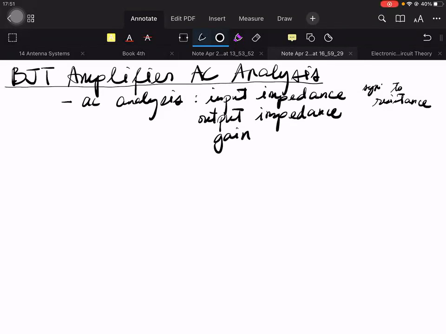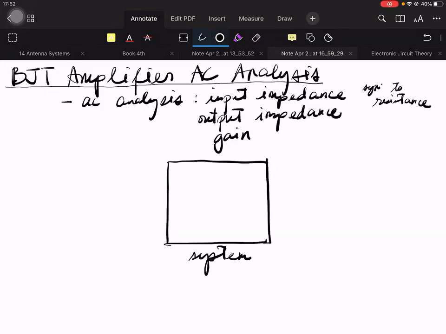So I don't know if you remember in our very first meeting, I think I mentioned a systematic approach to learning electronics, which is also useful to learning any particular subject in engineering, the systems point of view or systematic approach. Supposing this is a system, it doesn't really matter to us what is inside our system.